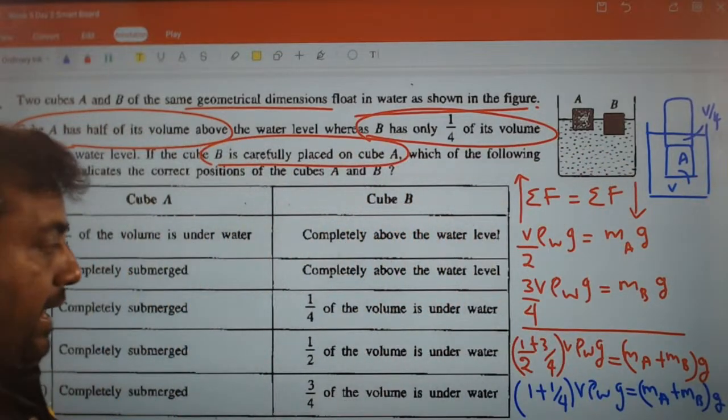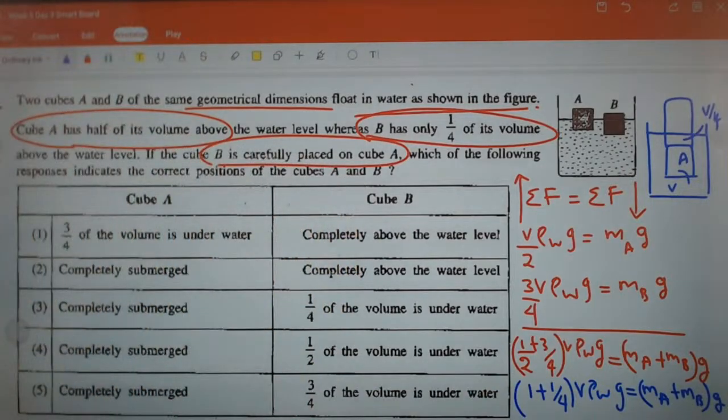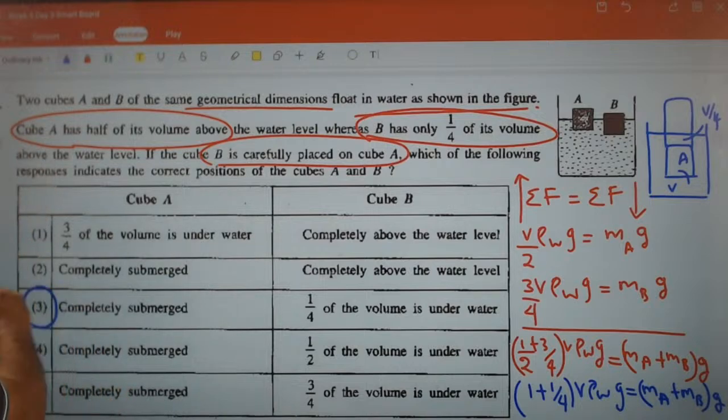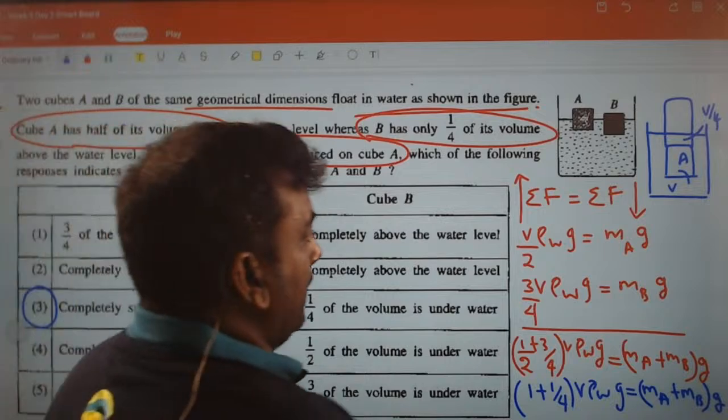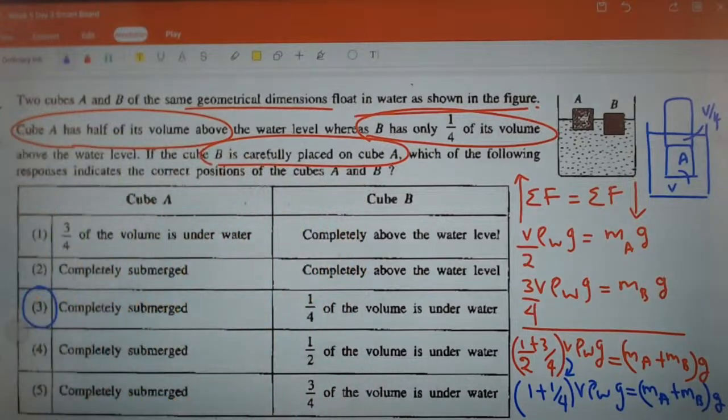So 1 means A is completely under, and a quarter of B is also under. Correct answer is answer number 3. In three steps you get the answer. No need to work too much. Clear? Easily you can get the answer.